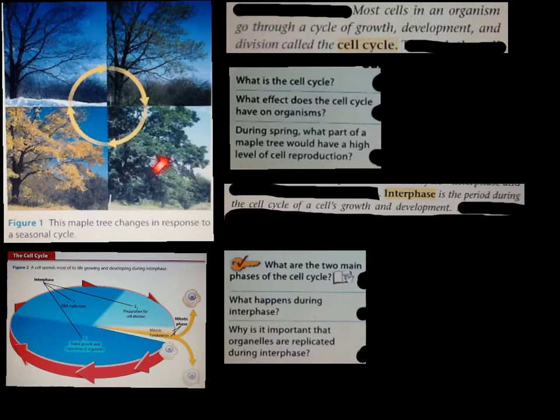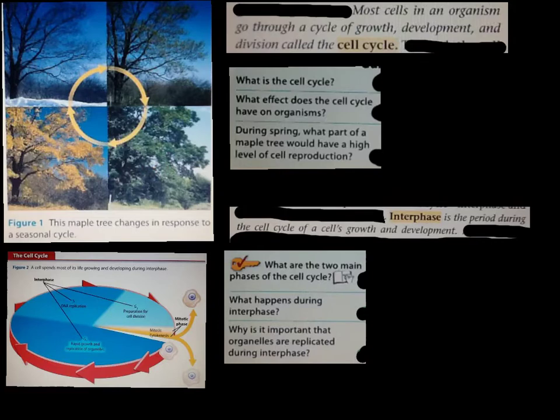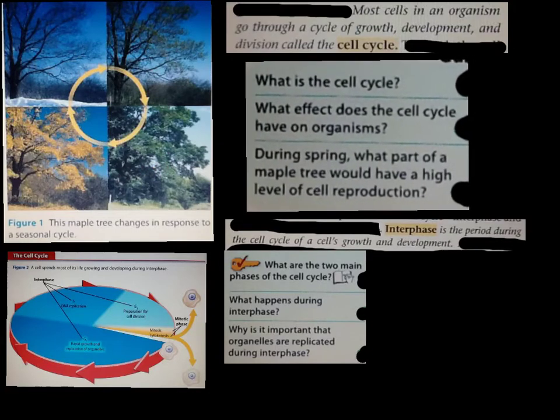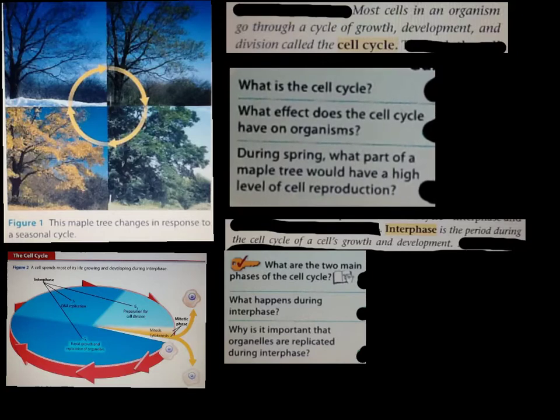At this point I want to ask you 3 questions, but today you get to pick which ones you're answering. I'm going to make this a little bit larger. What is a cell cycle? That's question 1.